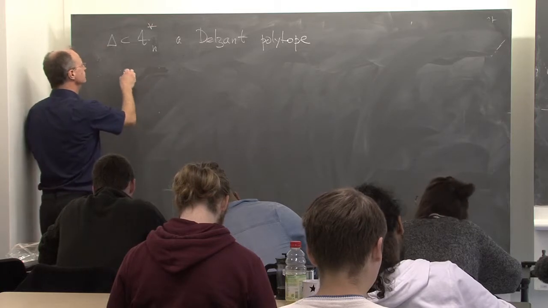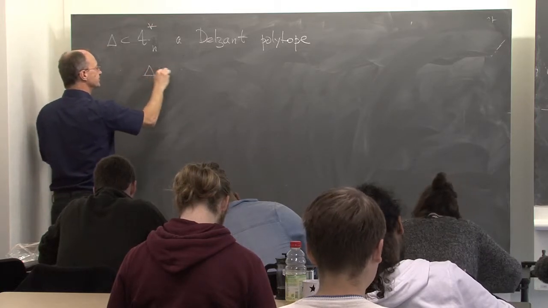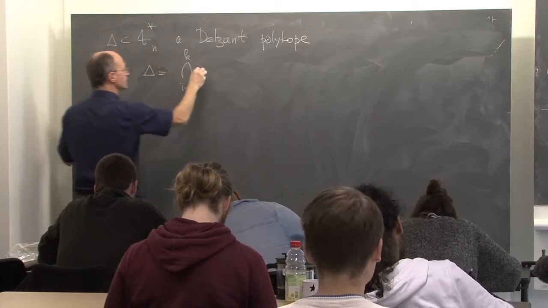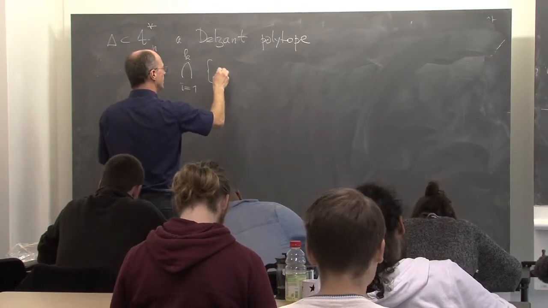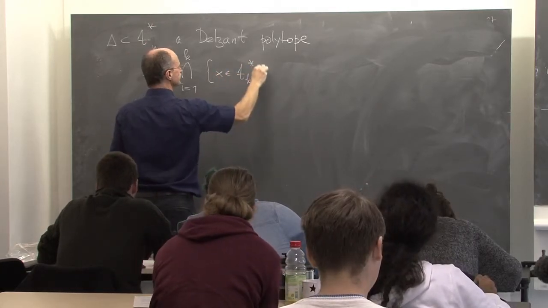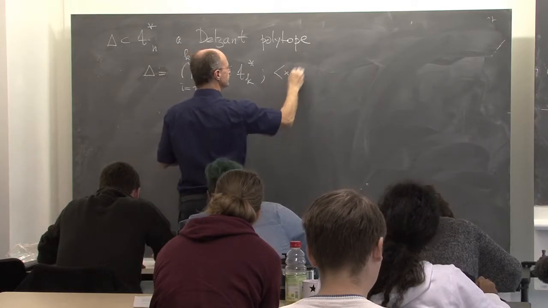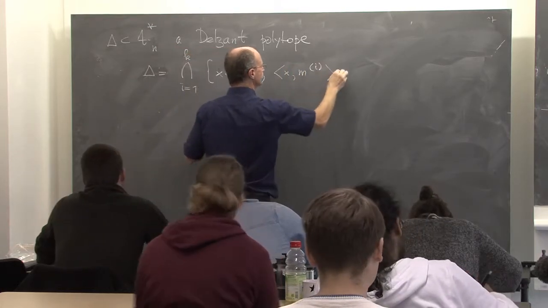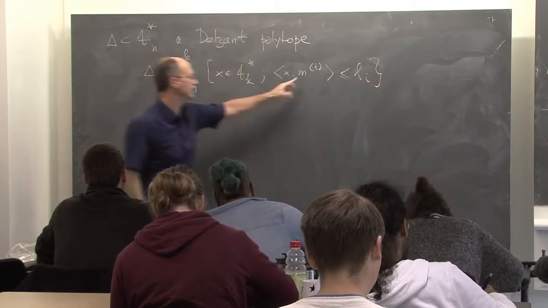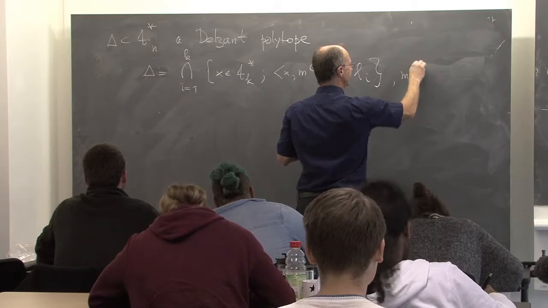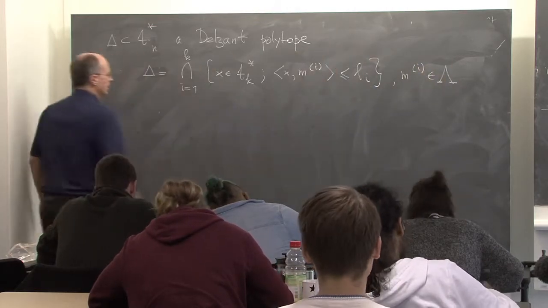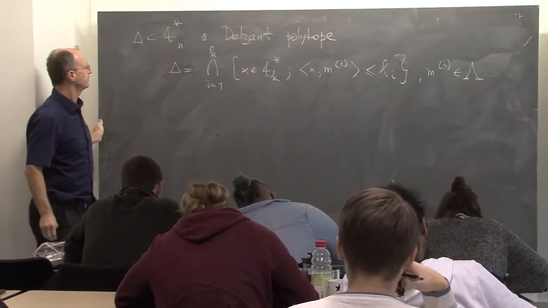So in particular, it is represented as an intersection of half spaces, and I know that all these vectors are in lambda, and they verify the conditions that we stated.